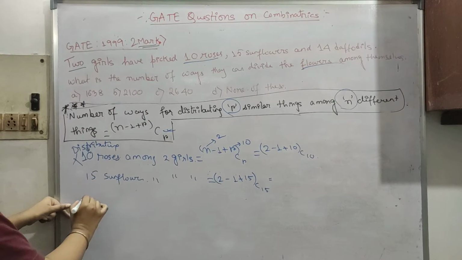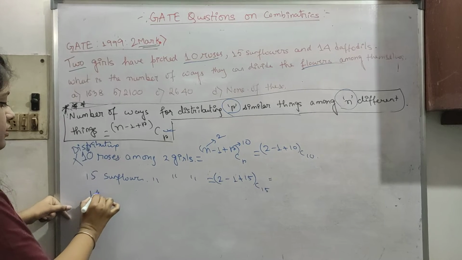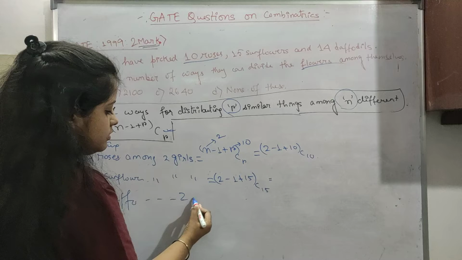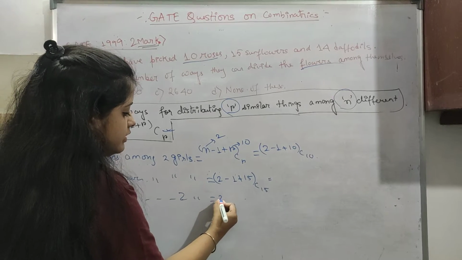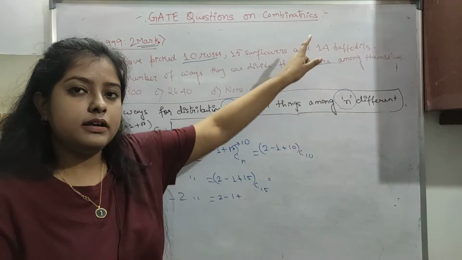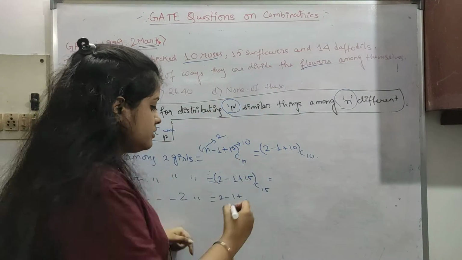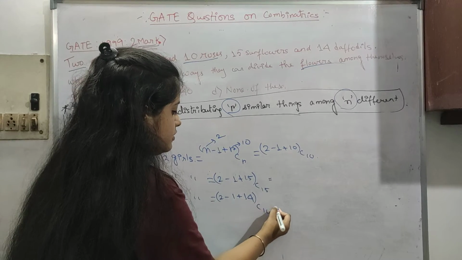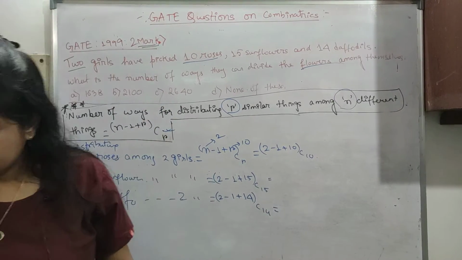Next is 14 daffodils among 2 girls. n is 2 minus 1, and r has changed to 14, so 14 C 14. Let me see the answers.